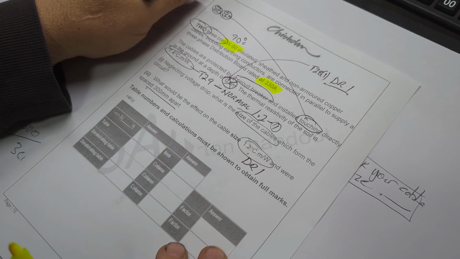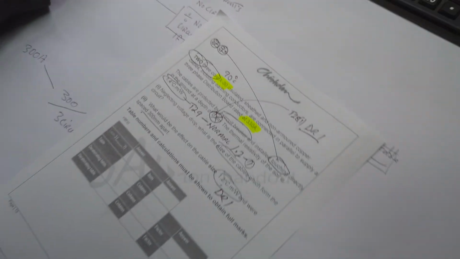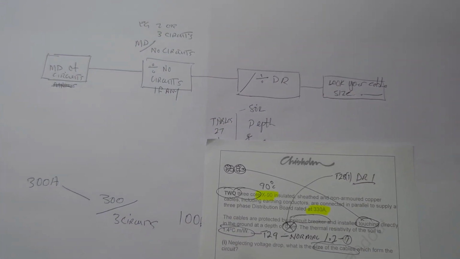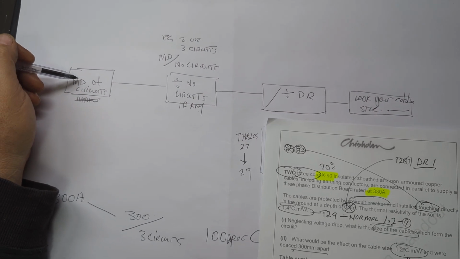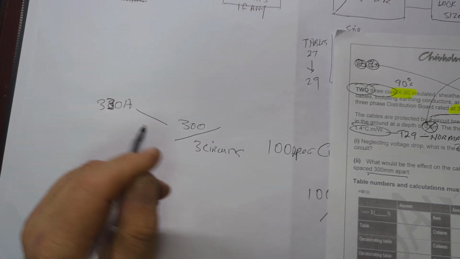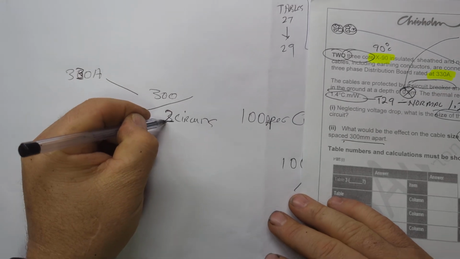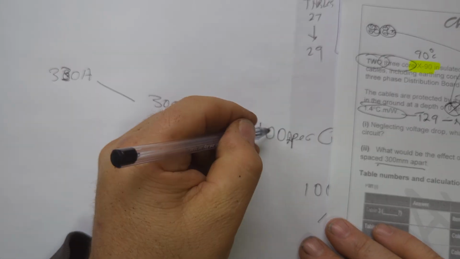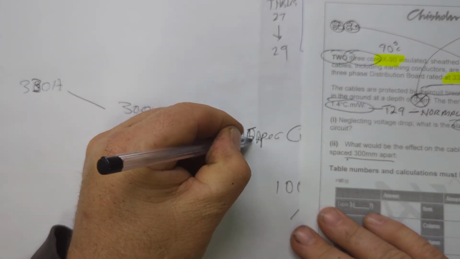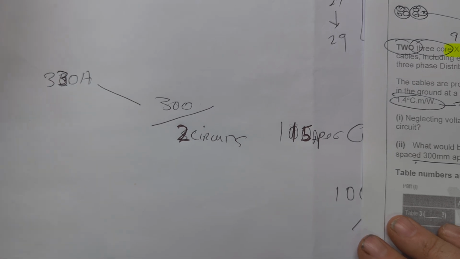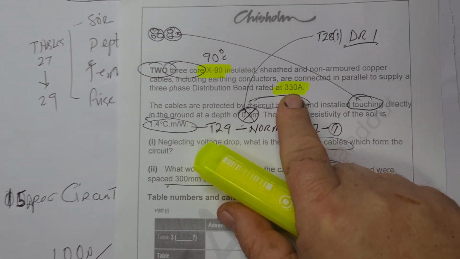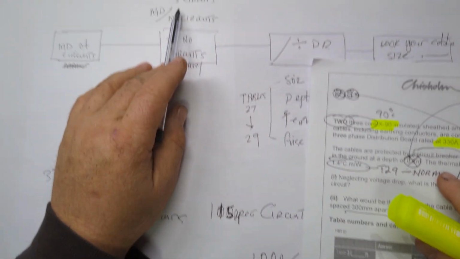Just to get back to what we need to do at the start: we take the maximum demand, 330, and divide it by the number of circuits.